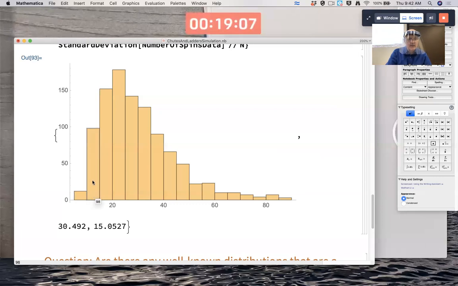About 98 of them, if you can't see that number, it says 98, took between maybe about 8 and 14 spins. The mode is somewhere between about 20 and 26 spins, but the mean is bigger. The mean for this simulation is 30.5 because it's a long right tail.